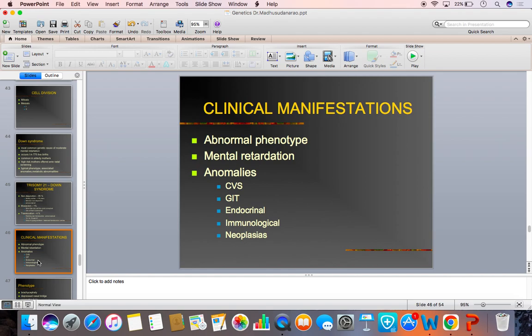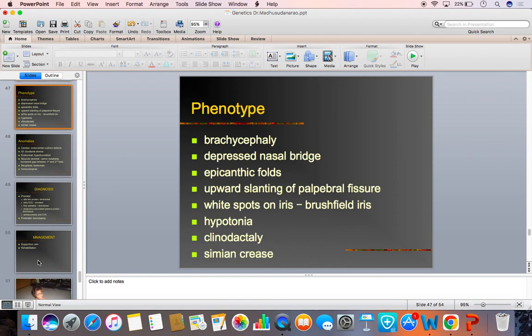and they manifest with abnormal phenotype, mental retardation, other anomalies like cardiovascular system, GIT, endocrinal, immunological, and also neoplasias. Phenotypically, they will be having brachycephaly, depressed nasal bridge, epicanthic folds, upward slanting of the palpebral fissure, white spots on the iris, that is called Brushfield spots, hypotonia, clinodactyly, simian crease, as the other features of Down syndrome.